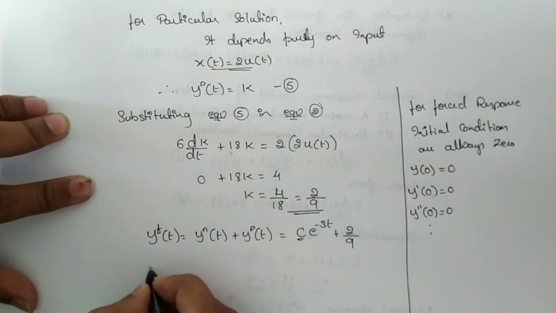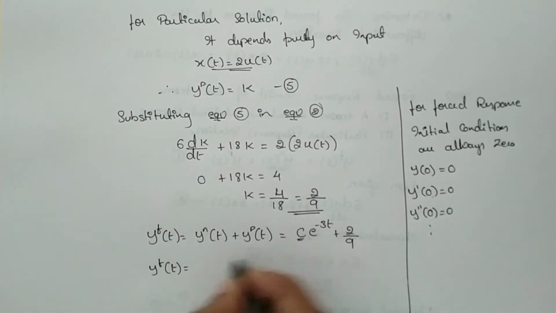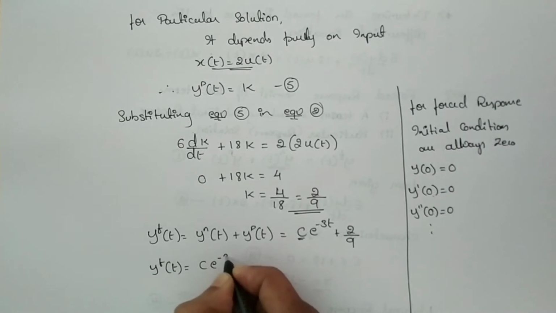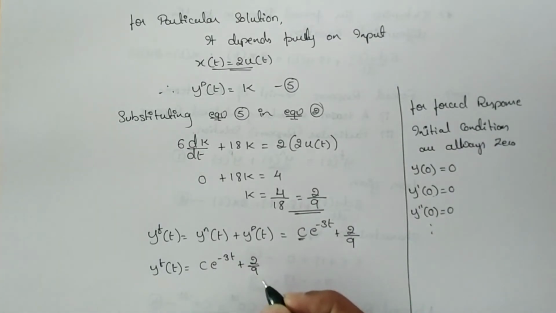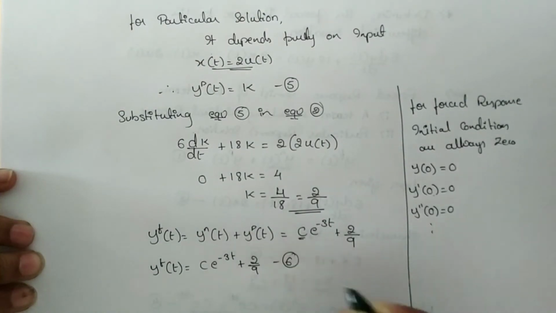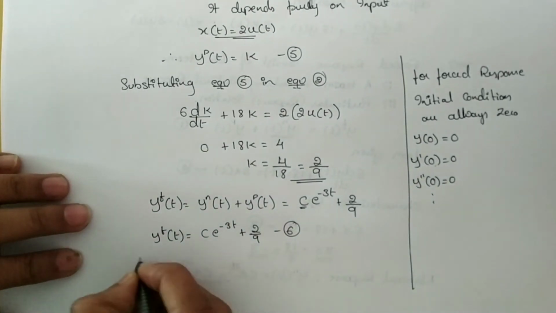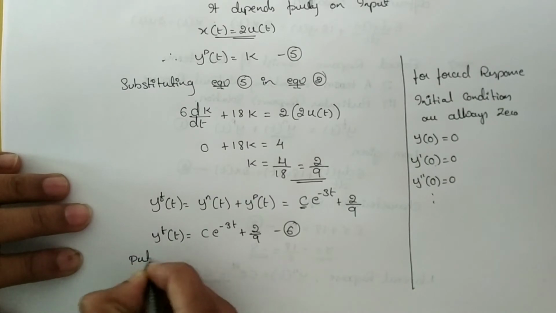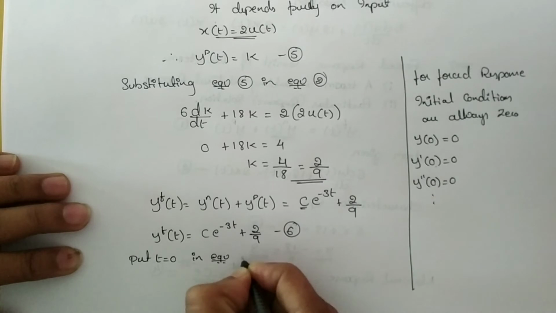Now, yf of t is equal to c times e power minus 3t plus 2 by 9. This is our expression, equation number 6. Now, we are going to put t is equal to 0 in equation 6.